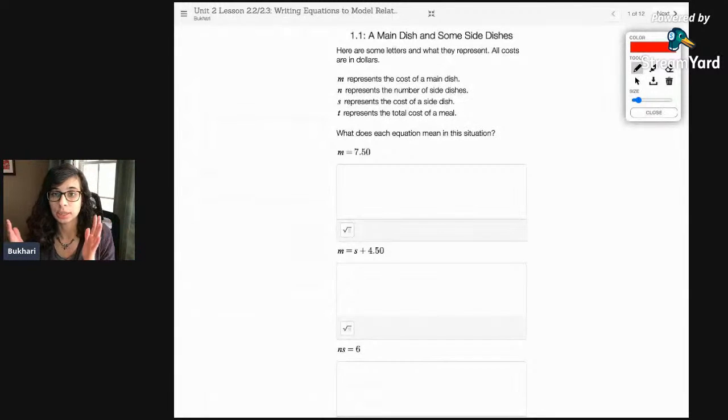And as you can see in the beginning here, we are looking at our main dishes and side dishes. We'll be looking at blueberries in the second one, and we'll be really moving forward through different scenarios throughout this unit. And so at the beginning, it's really just an exploration, an introduction.